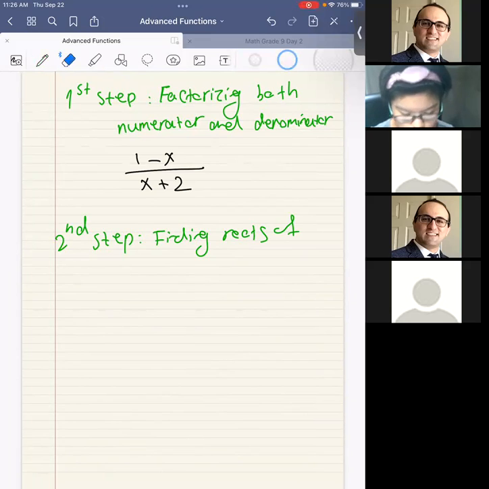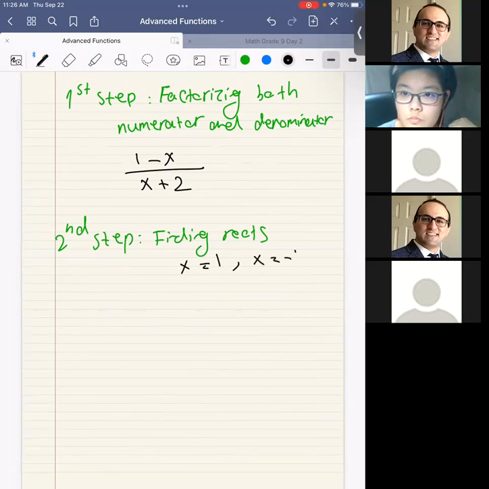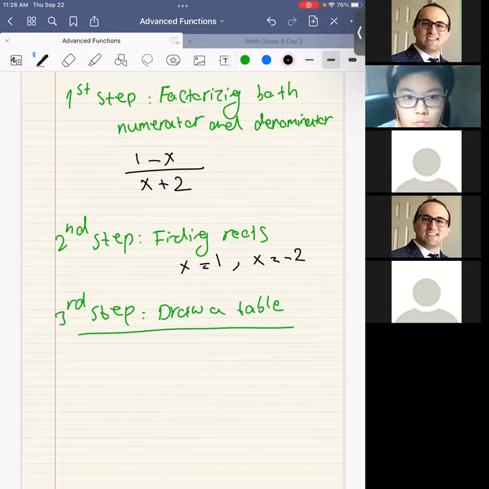And here it's easy, because for this question the roots are x equal to 1 and x equal to -2. Then finally, the last step is just to draw a table to determine the sign of each term, and finally to determine the sign of the whole expression.